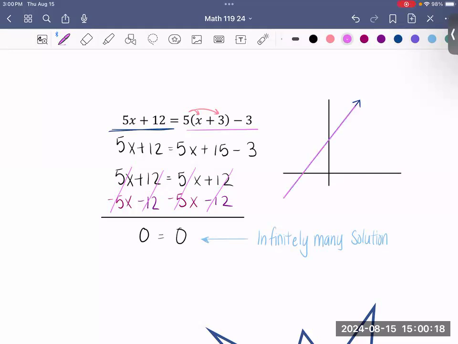And so the reason why we call this infinitely many solutions is that no matter where we are on your lines, we are provided with values that work when we go to enter it in. So no matter what x value we pick, we are always going to be equal to the other side. So these are actually going to be the same exact line.